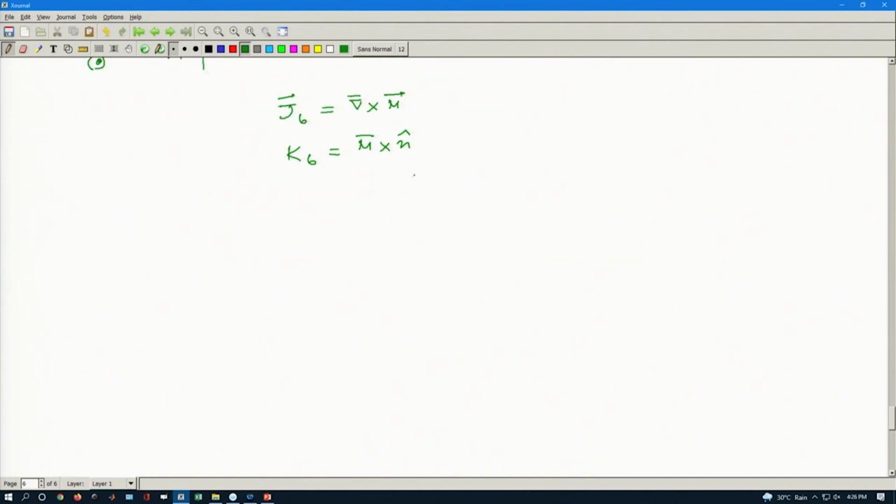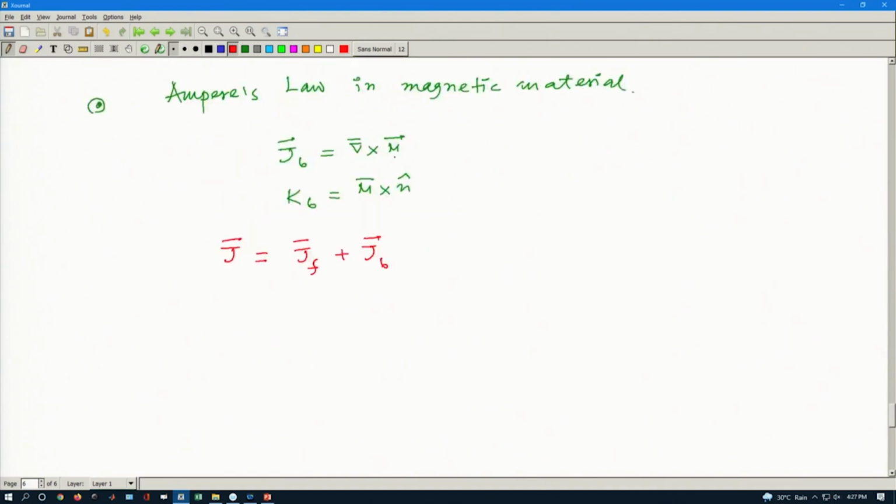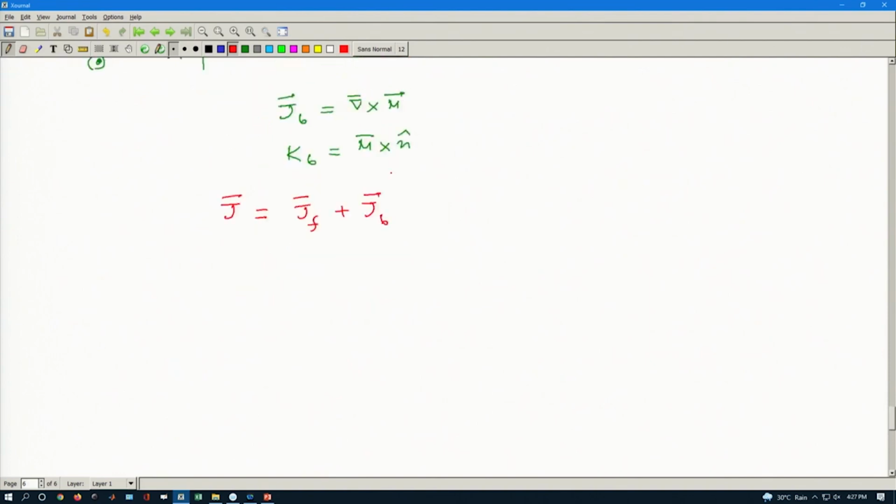So, the total current density is now composed of two parts. One is the free current and another is the bound current, right, because this bound current arises because of the non-uniformity of the magnetization, as I mentioned, and it is inside the material. If there is no material, there is no question of magnetization, and we are dealing only with the free current density.